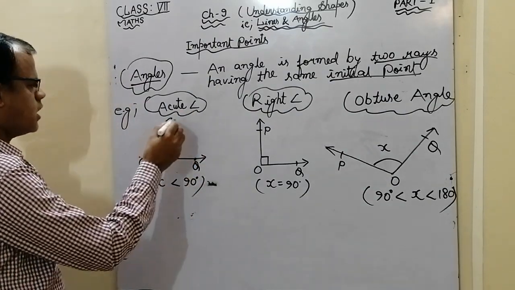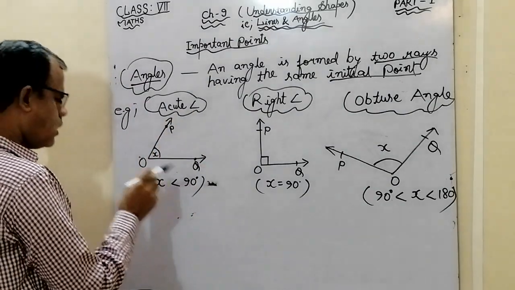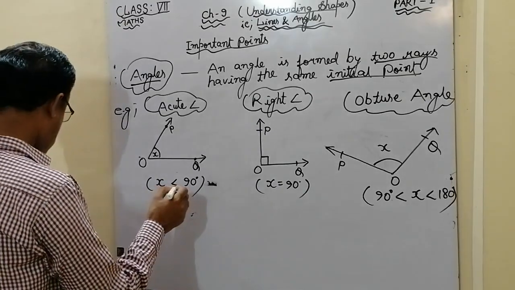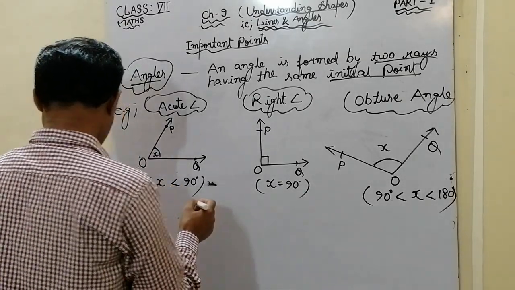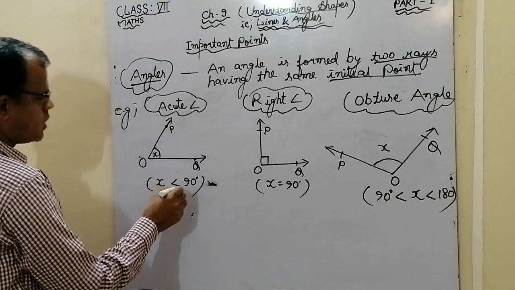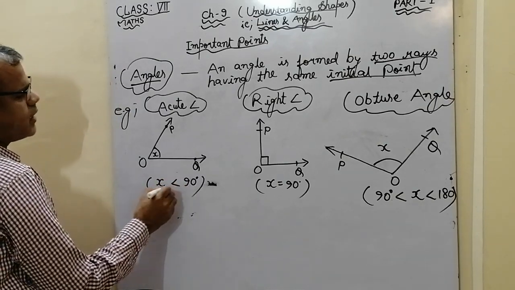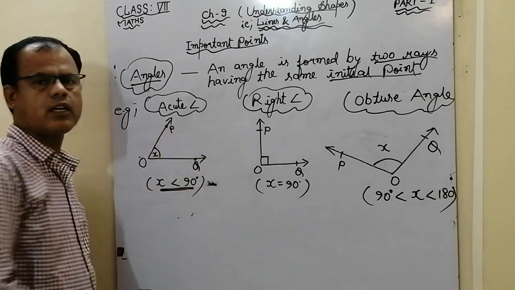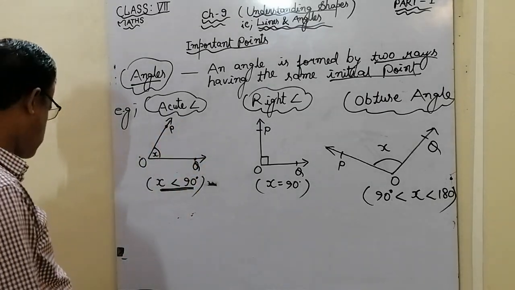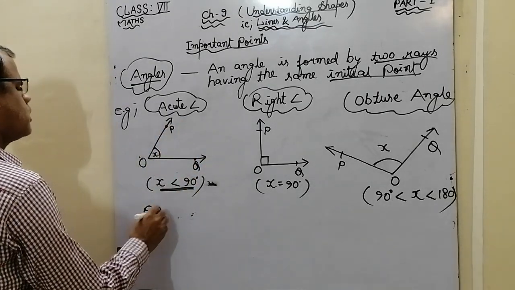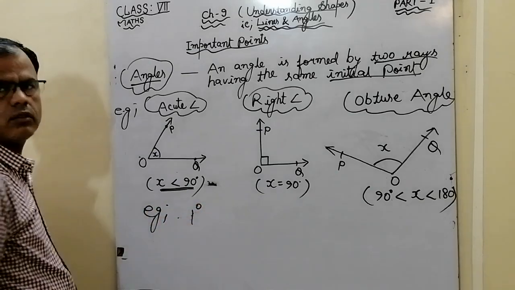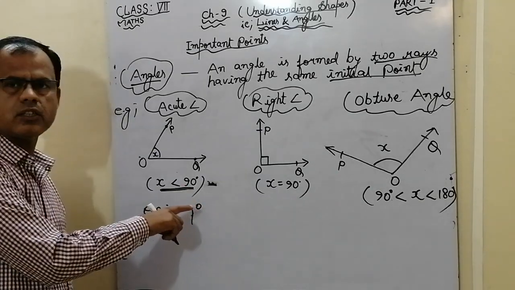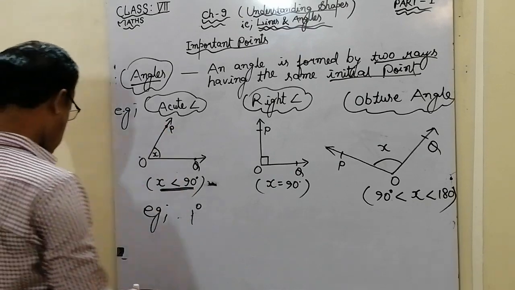Here you can see, this is an acute angle. An acute angle is less than 90 degrees. Always remember, an acute angle is less than 90 degrees. For example, 1 degree is less than 90 degrees, so 1 degree is an acute angle.